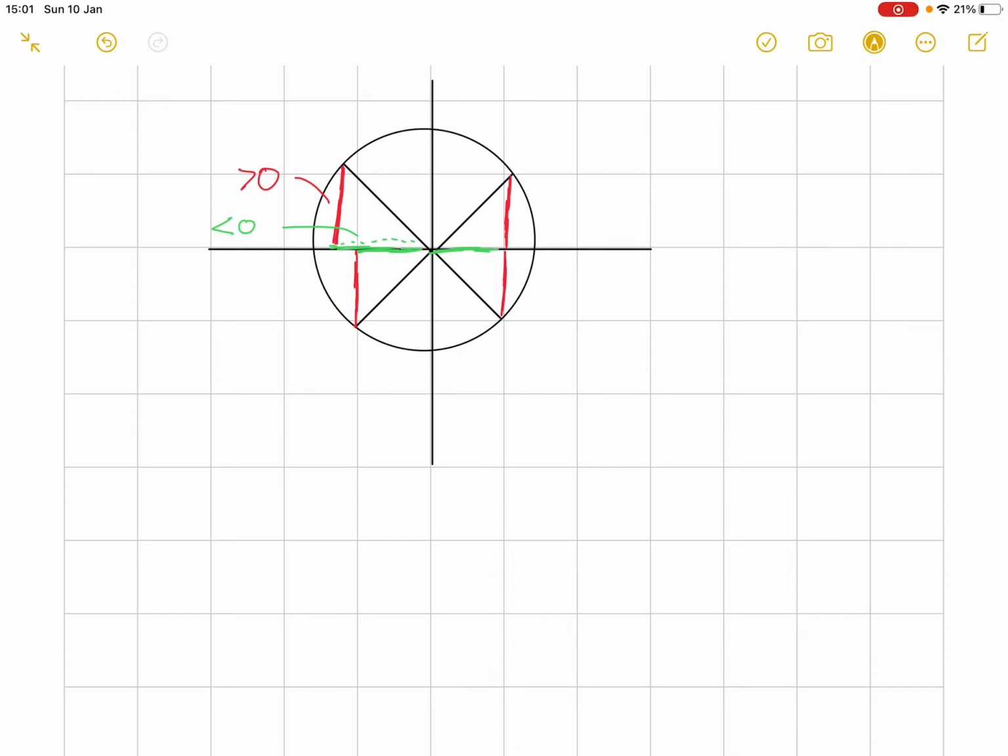And then again, down here, they're both negative because this line is now underneath the x-axis and therefore is less than 0. And the green line is to the left of the y-axis and is therefore also less than 0.